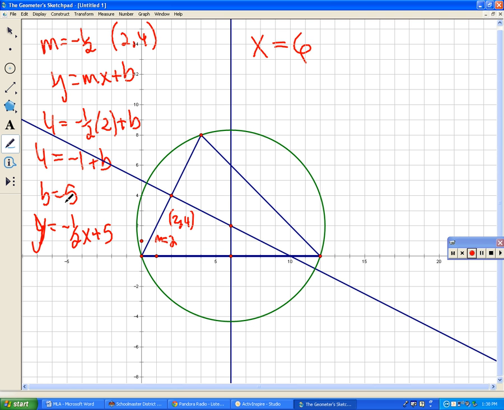That's the y-intercept, what we got when we solved for b. Then to figure out the coordinates of this point, we basically set these two equations equal to each other. But since the first already told us that x was 6, all we had to do was plug 6 in. So y equals negative 1/2 times 6 plus 5, which is 2. Which is a lot. Hopefully you won't have to do something crazy like that.